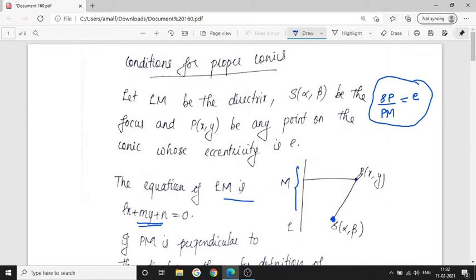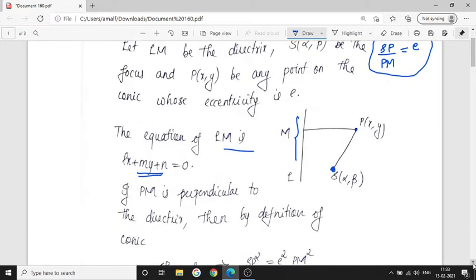That is a line. So this is going to be the standard equation of a line. Now from P I am taking the perpendicular to LM. So PM is perpendicular to LM from the point P and we have joined the points S and P.